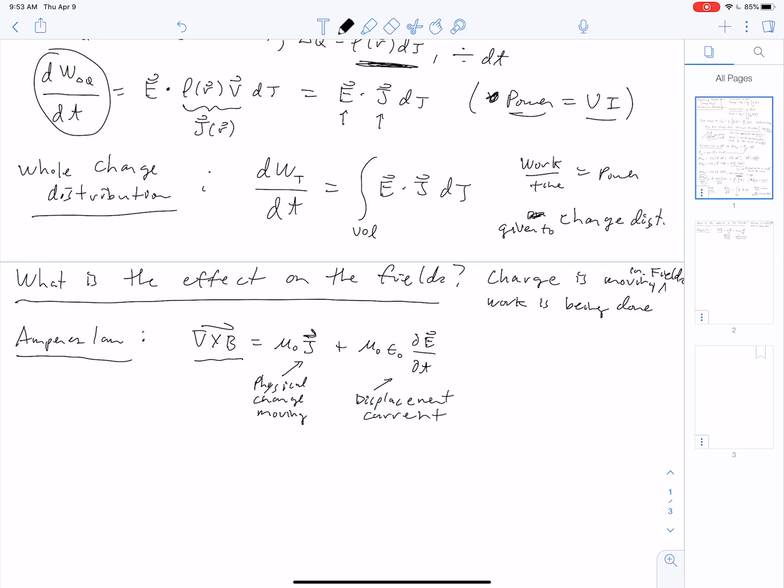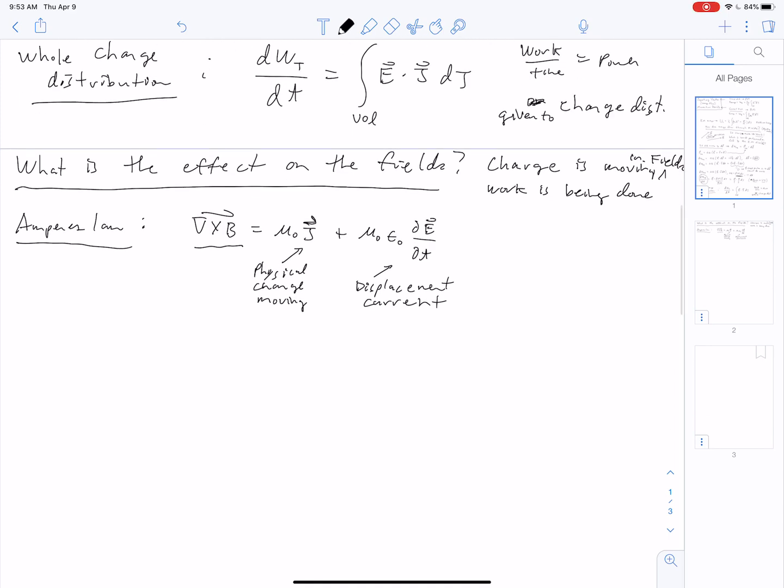And so I can write the physical current in terms of the fields. That's kind of freaky to think about, but mathematically it's very simple, because if I start with Ampere's law, I can just solve for J, the physical current, the charges that are actually moving, whether it be bound charge, dipolar charge, it doesn't matter.